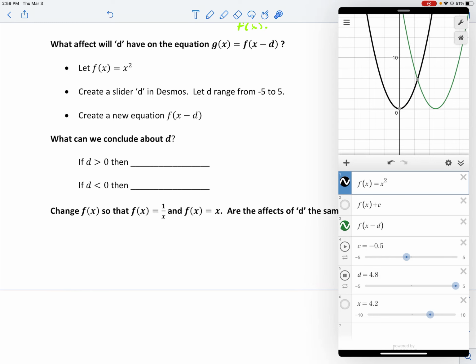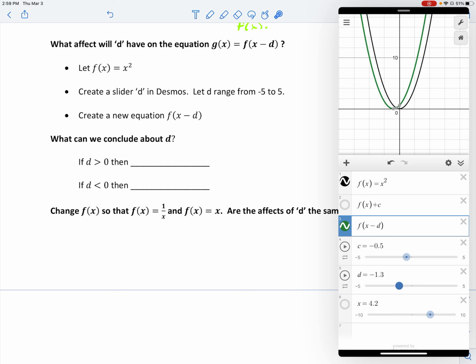As I hit play, notice the graph just shifts horizontally, either to the left or to the right. It's to the right when d is positive, like I have over here. Notice I set d to 5, and the vertex moved exactly 5 units. If I set d to -5, the vertex goes exactly 5 to the left.